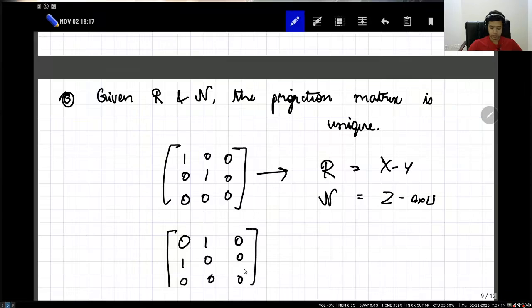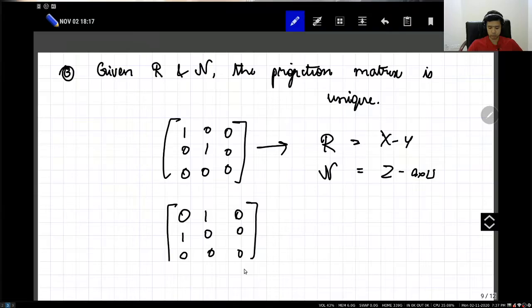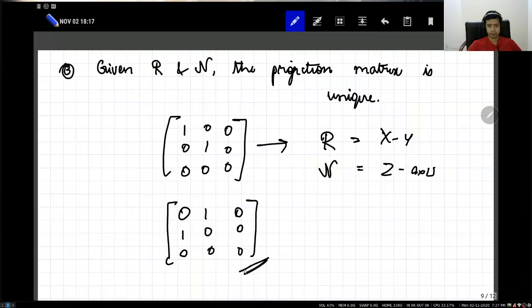This also has the same range, the xy plane, and the null space is also the z-axis. However, this second matrix is not a projection matrix, and it's easy to verify: just multiply this matrix with itself, and you won't get back the same matrix. On the other hand, given R and N, you cannot have two different projection matrices having the same range and null space.